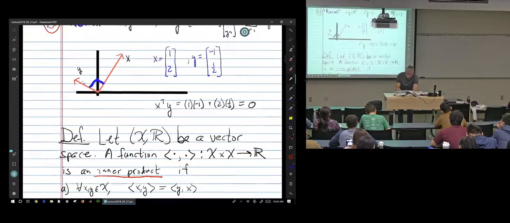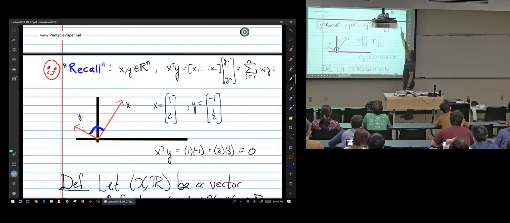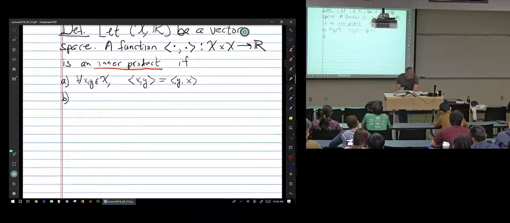Okay, so x transpose y, I can flip xi and yi, that means I can flip x and y, it just doesn't matter, okay? So it's all the same.